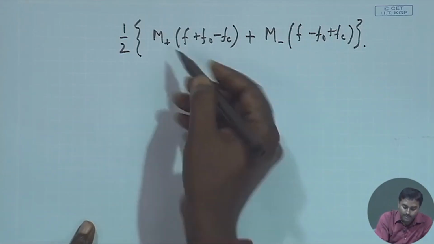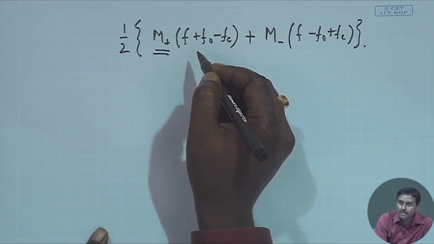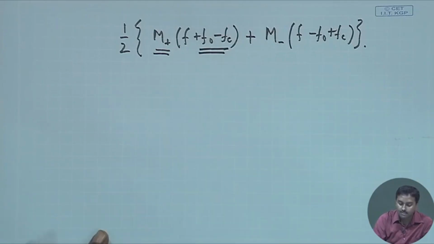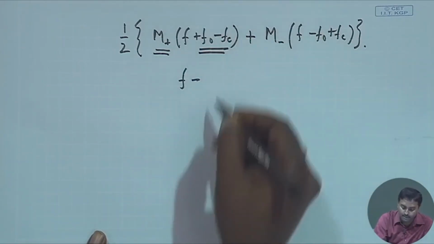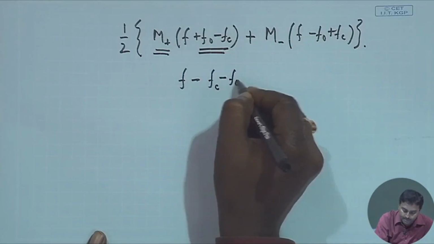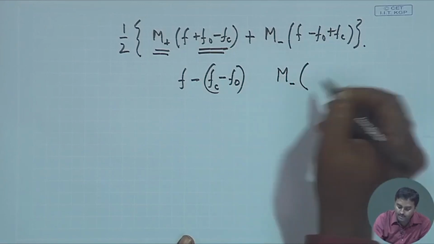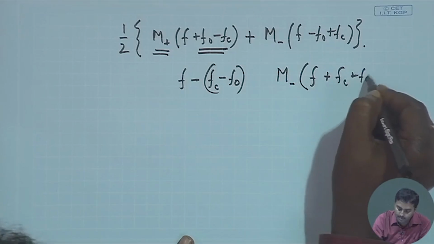If you just see the m plus part, which is translated at frequency, because Fc is the greater one, I can write it as Fc minus f0. And this m minus part has been translated to f plus Fc minus f0.